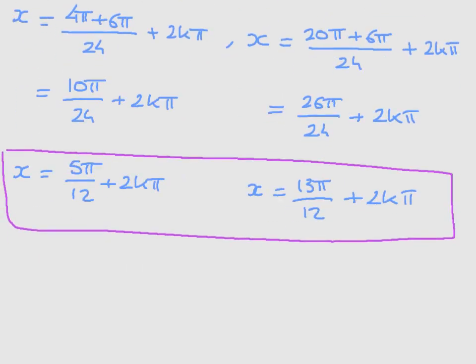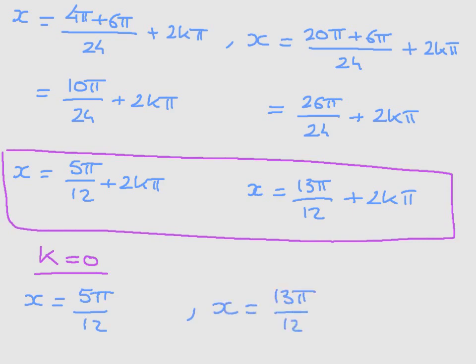The first step really is to consider the case when k is equal to 0. If k is equal to 0, this first solution will lead us to x equals 5 pi over 12, and the second solution will lead us to x equals 13 pi over 12. Both of these solutions are fine, because they're both within 0 and 2 pi.